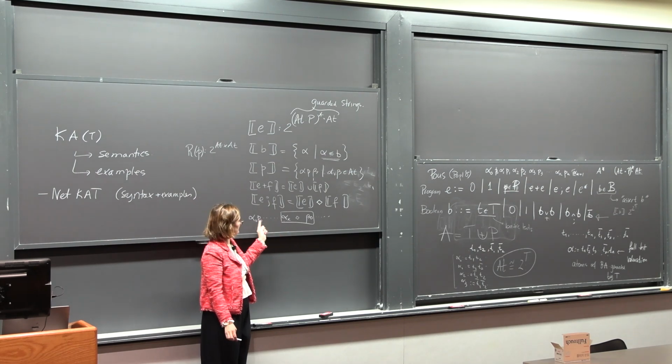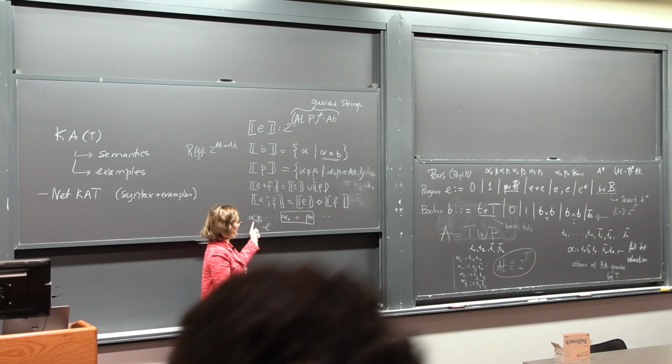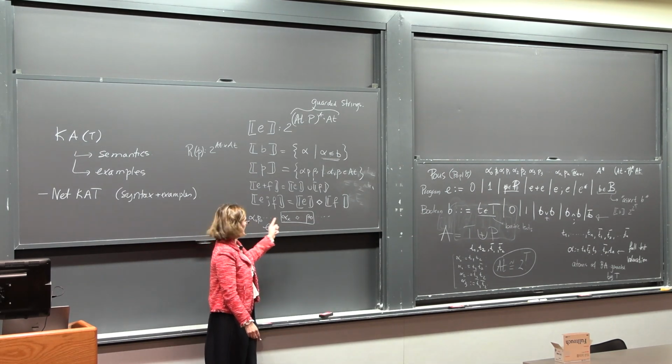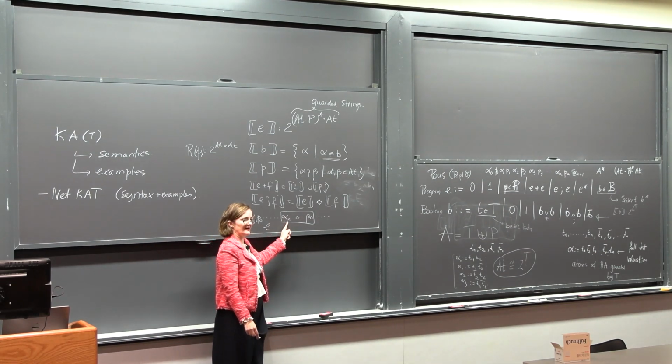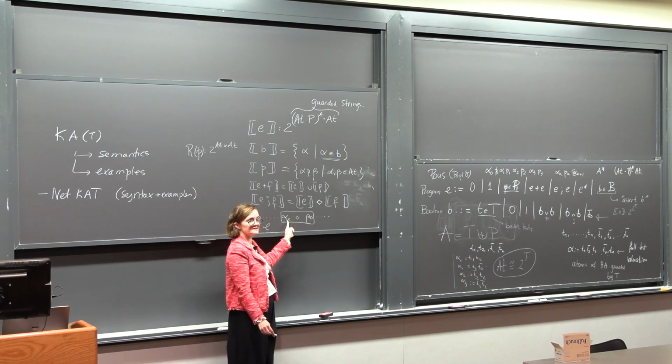Because this string tells me program E executes starting from state alpha 0 and ends in state alpha K. So if I now want to continue with program F, the only way I can continue is if F allows me to start with state alpha K. If for some reason F does not allow me that, then I'm done.